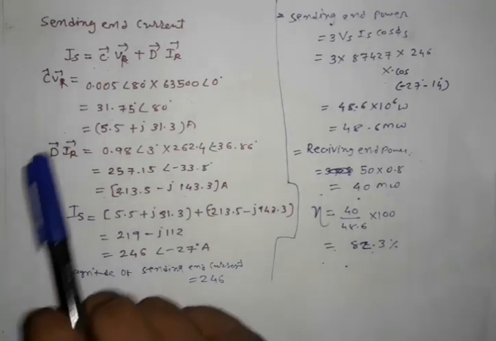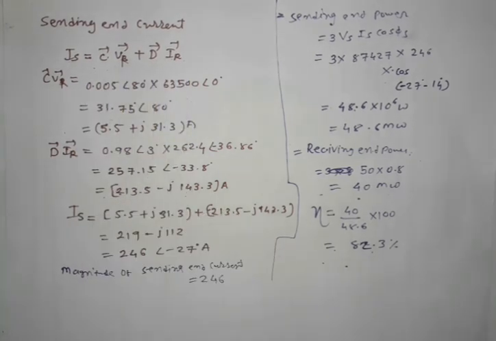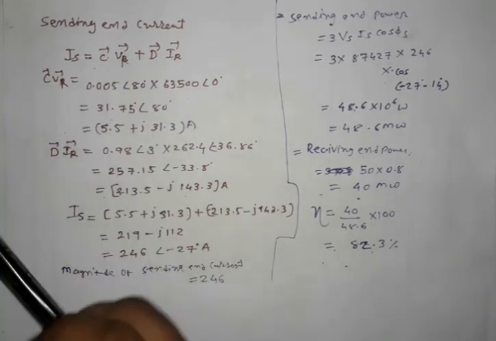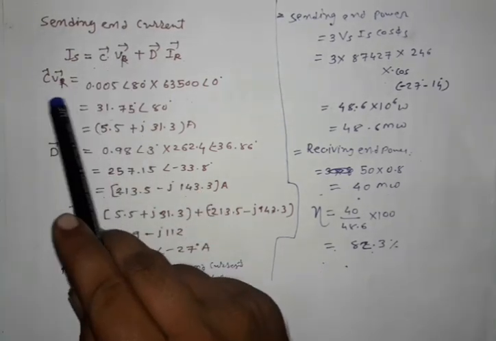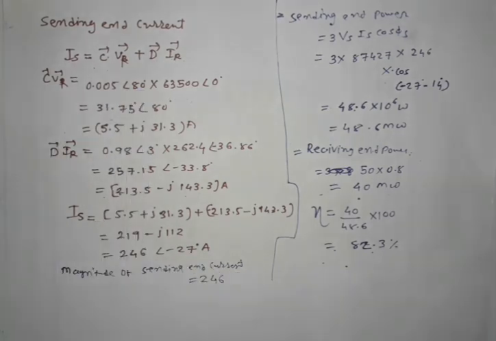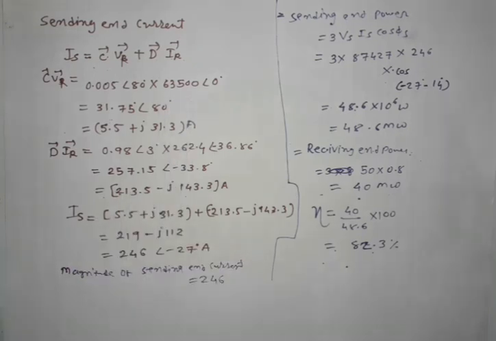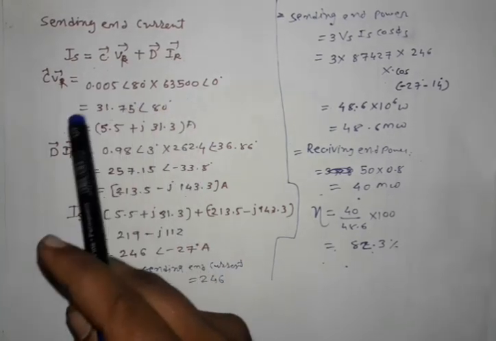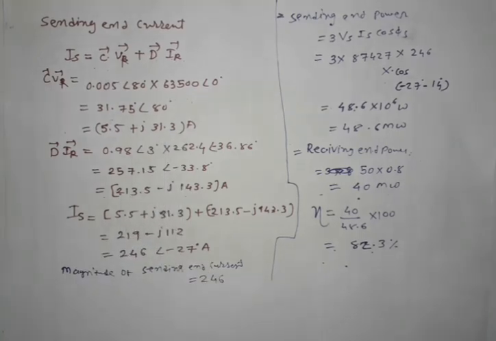Now we find the sending end current. The sending end current equation is Is equal to C VR plus D IR. First we find the C VR value. The value of C is given in our data, which is 0.0005 angle 80, and VR is 63,500 with angle 0. So we get 5.5 plus j 31.3.